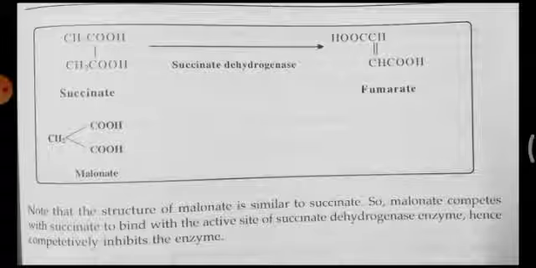The enzyme is going to combine either with succinate or malonate, and in case it combines with malonate, the succinate dehydrogenase enzyme, which is written below the arrow mark, will not get converted to product, and hence it will get inhibited. Whereas if succinate binds, you will get the product. That's why you can see in the above example, fumarate is available, in the below there is no product because malonate is an inhibitor.